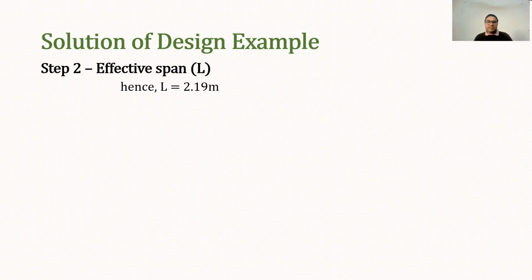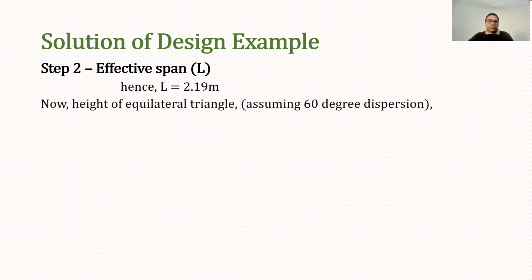Now the next case is, now we have to determine whether our case will fall in case 1A or case 1B. So for that we have to find out height of equilateral triangle. So we are assuming that brick masonry is of ordinary quality and therefore 60-degree angle dispersion will be there.